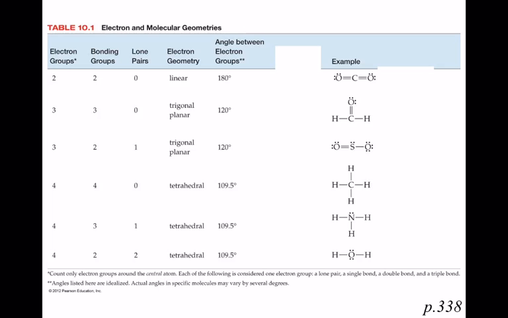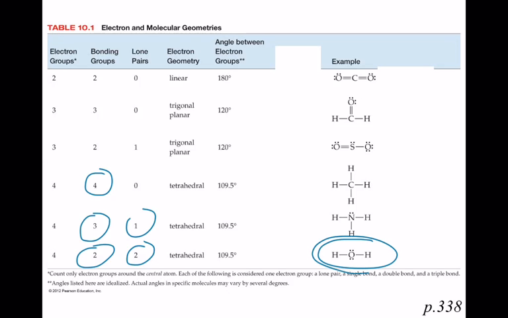The others, this last one down here, they add up to 4. And when I say add up to 4, I mean sigma bonds and lone pair electrons. So we have a couple different combinations. We can have 4 sigma bonds, 3 sigma bonds and 1 lone pair electron, or 2 sigma bonds and 2 lone pair electrons. By the way, we talked about this.